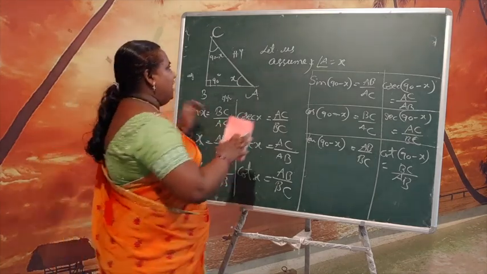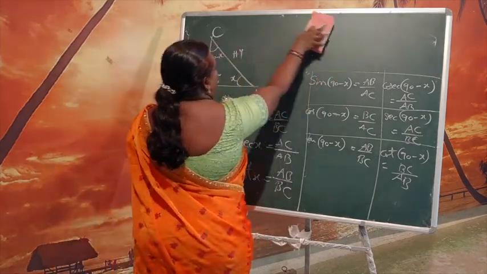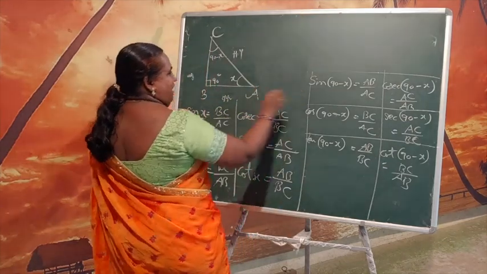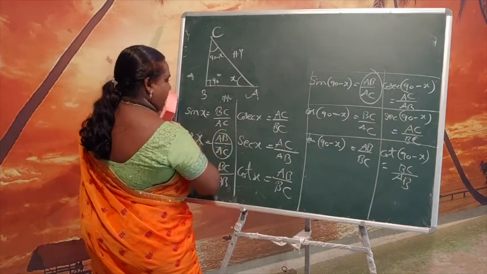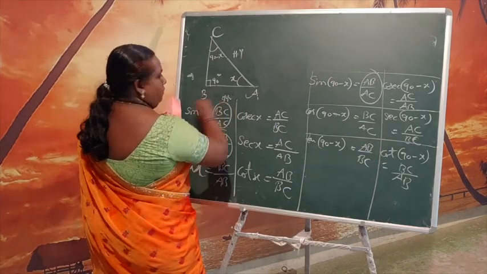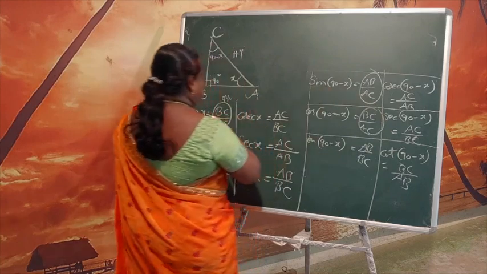In the same way, we can conclude. What is the conclusion I am drawing here? Observe carefully. See, sin 90 minus x and cos x are the same. Cos 90 minus x and sin x are the same.